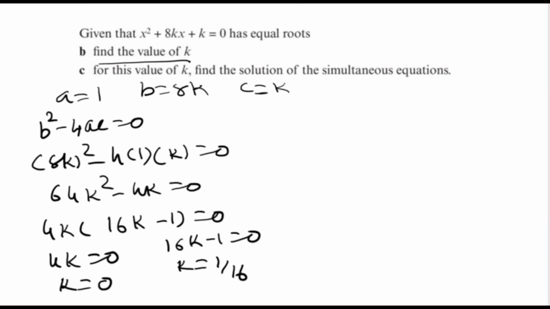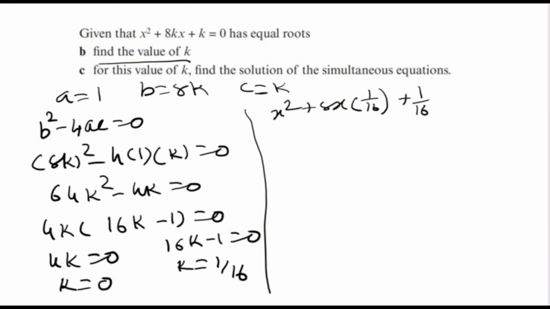Now part C. For this value of k, find the solution for the simultaneous equations. For that, we can use this value of k here and simplify it. So x squared plus 8x into 1 over 16 plus 1 over 16 is equal to 0.